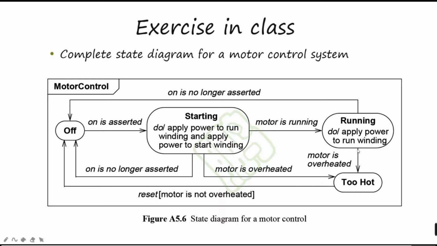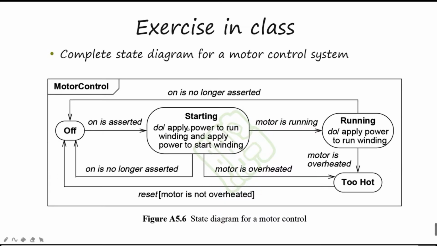And when it gets the event motor is overheated, it will go to the too hot state. In too hot, if we press the reset button and the motor is not overheated, the guard condition is satisfied, meaning the value is true, it will go to the off state. And then you can press the button on to restart.